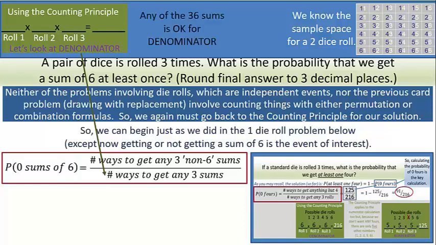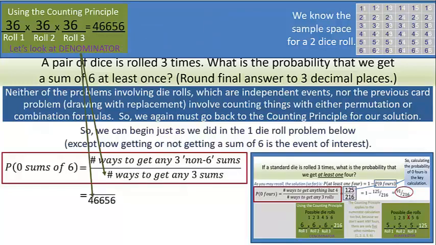So it could be any of those 36 sums. So you've got 36 possibilities for the first roll, 36 possibilities for the second roll, 36 possibilities for the third roll, and 36 times 36 times 36 by the counting principle is 46,656. That's the denominator of our answer for the probability of getting no sums of 6.